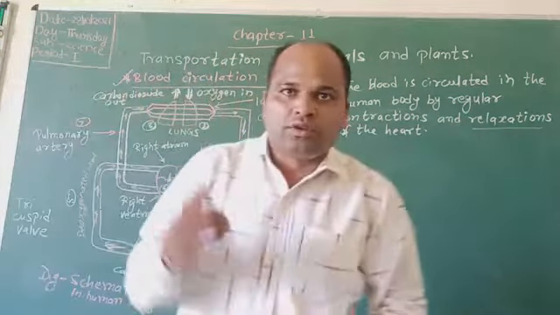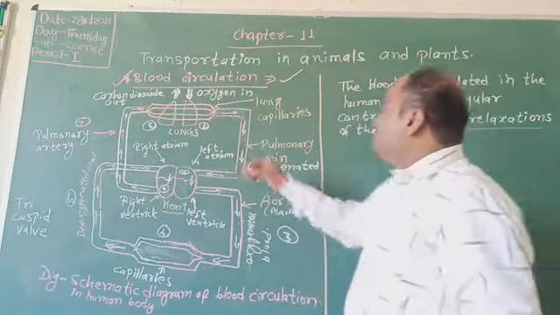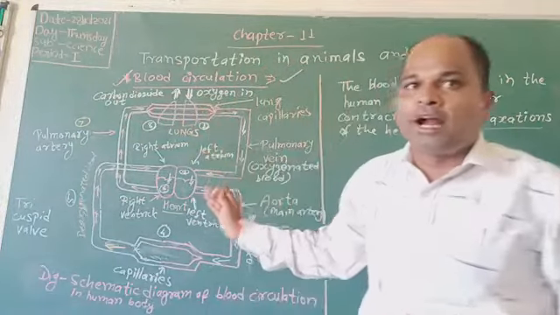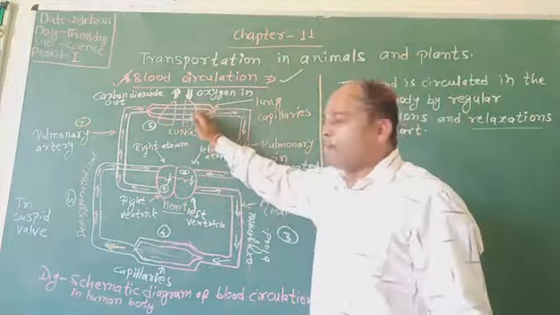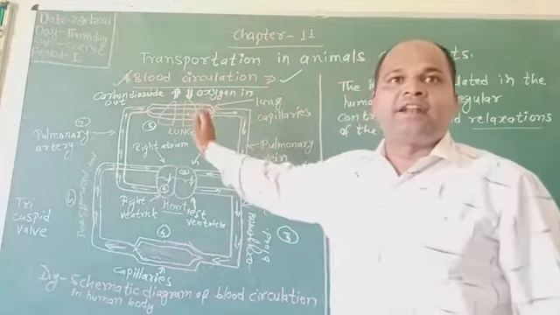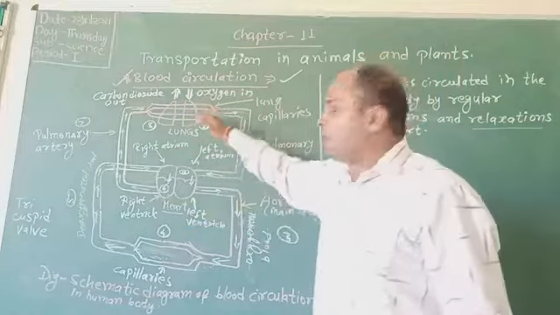So students, when blood passes through the capillaries, these are the lung capillaries or blood capillaries. Blood passes through the capillaries of the lungs, and then oxygen from the air enters the blood.